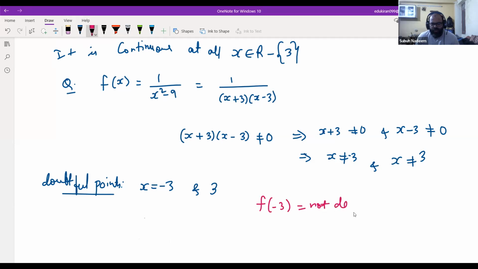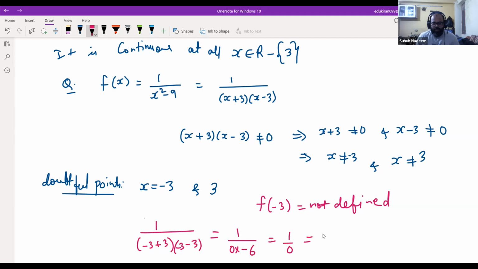Is it defined or not defined at minus 3? It is not defined. If you put x equal to minus 3, it will become 1 by minus 3 plus 3 into minus 3 minus 3. That will be 1 by 0 into minus 6. That will be 1 by 0, which is not defined.